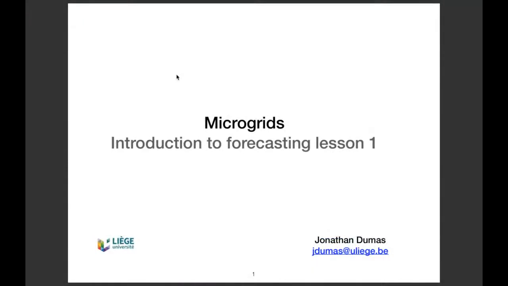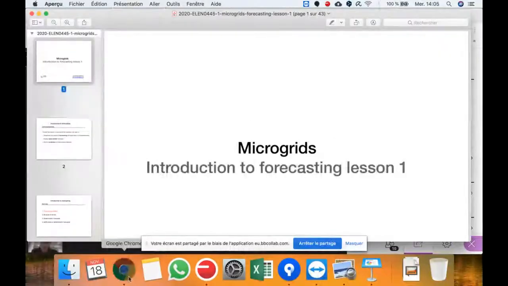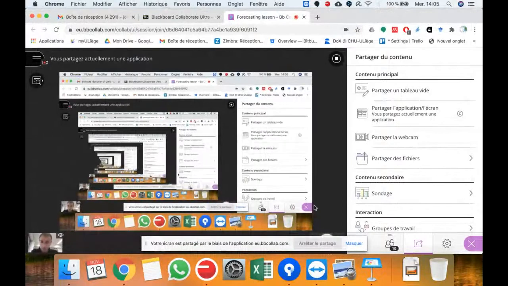So you should see my slide, and I wanted to tell you something before. In Collaborate, you can ask for the floor. There is a small icon at the bottom of your screen. So I am doing it right now. You see, I raise my hand.